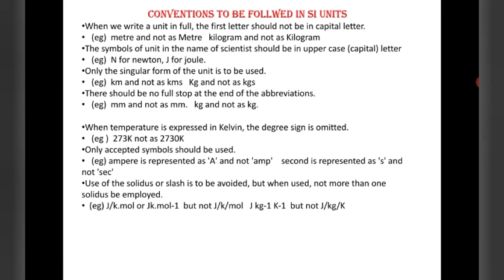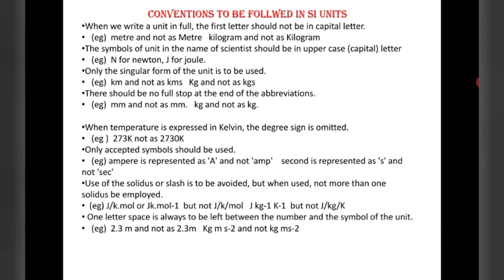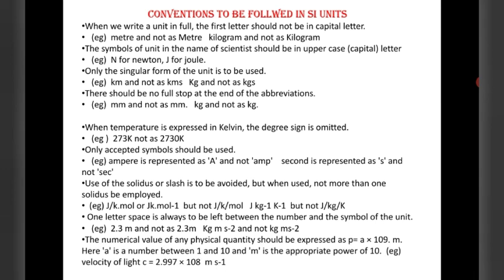It's wrong, guys. Okay, next one. A space is always to be left between the number and the symbol of the unit. You should leave a space between the number and the symbol. It's a rule you should follow. The numerical value of any physical quantity should be represented by p = a × 10^m.